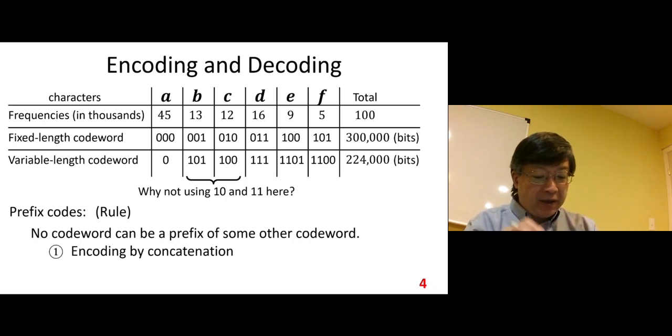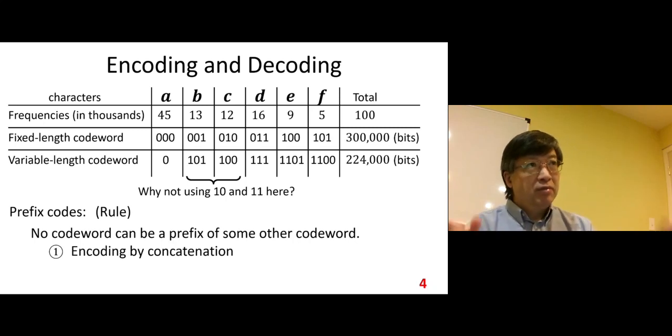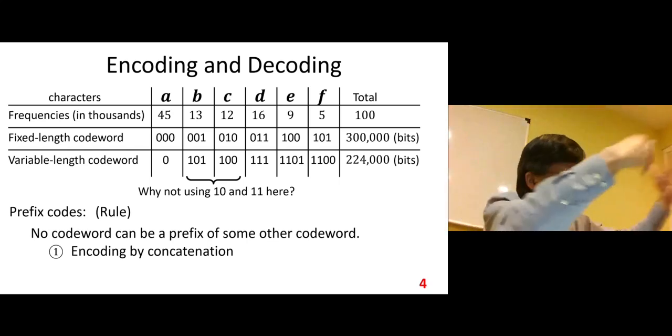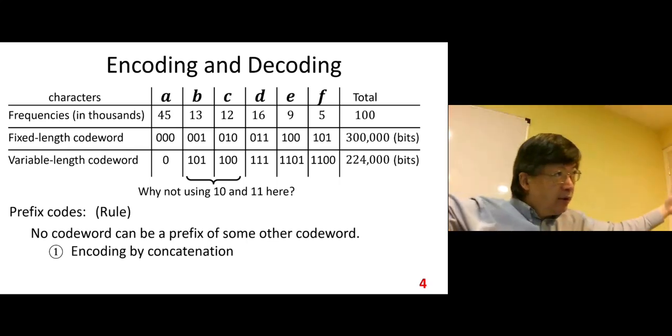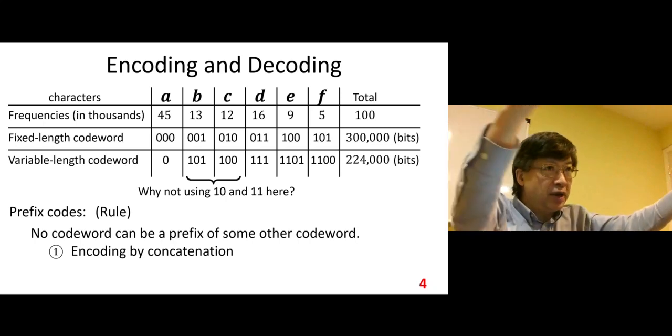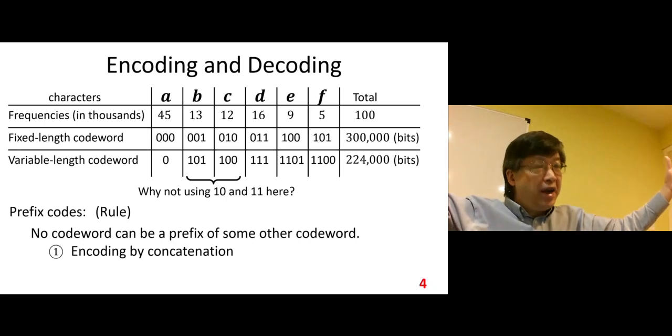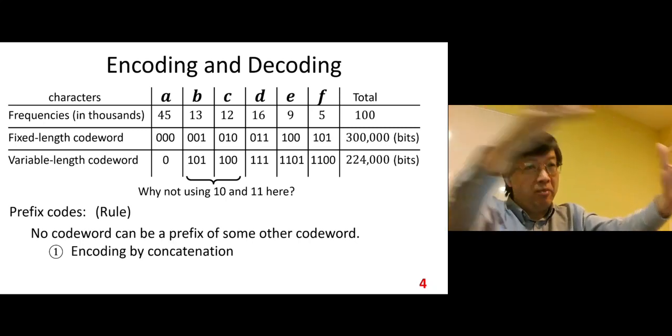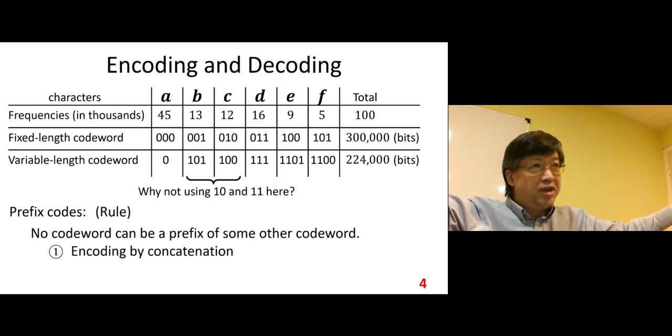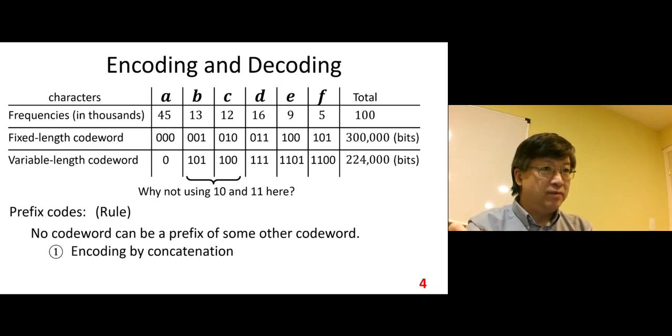All right. So encoding by concatenation. When you have many characters, each character you assign a code word. Then when you put all the characters together, you do concatenation, right? So you get long bits because you cannot use any separators.